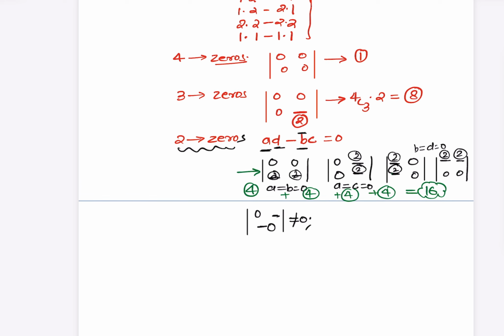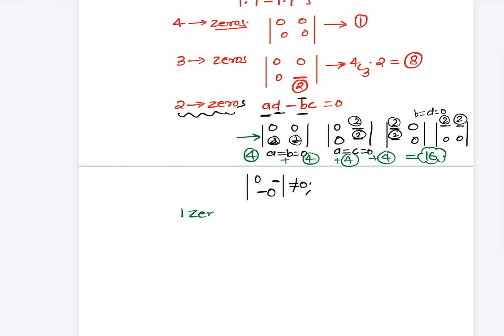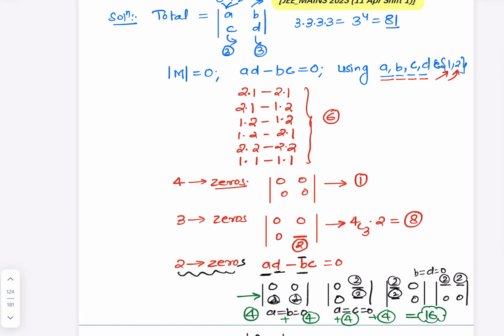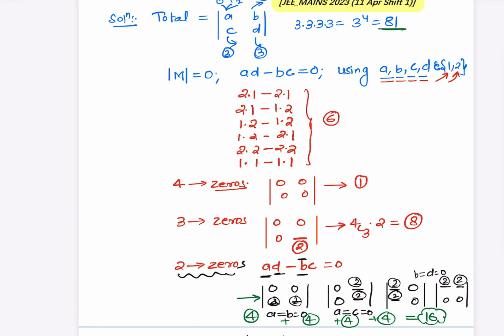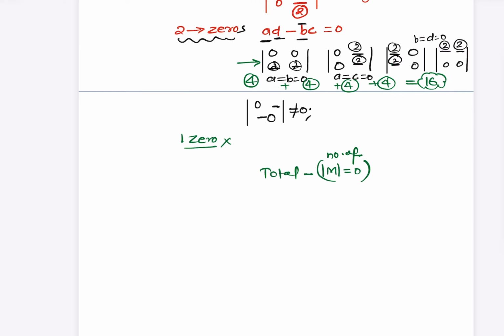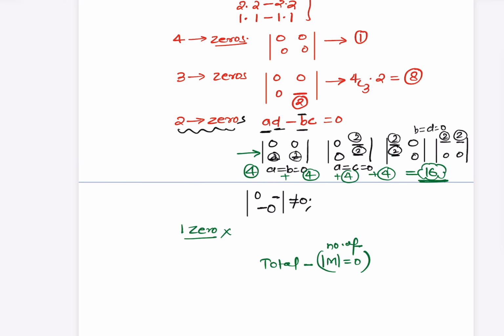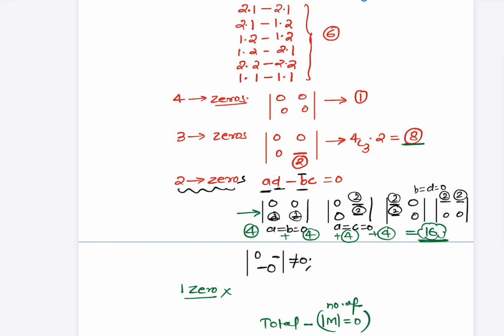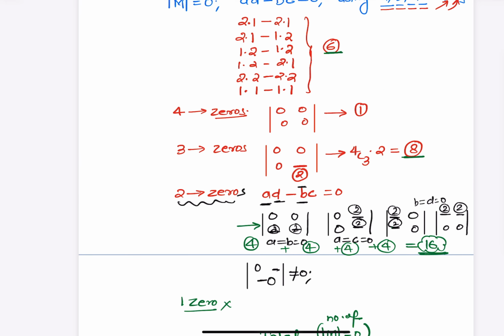If we wish to use exactly one 0, that will always give a determinant non-zero, so we cannot use it. Now the total matrices are 81, minus the number of matrices with determinant 0. The number of such matrices is 16 plus 8, that is 24, plus 6, 30, plus 1.